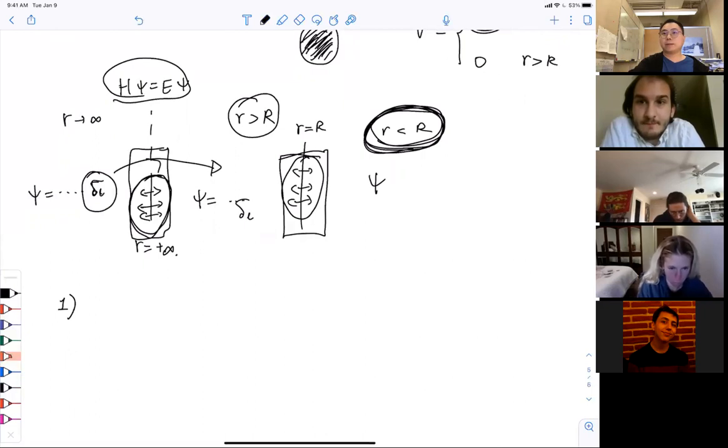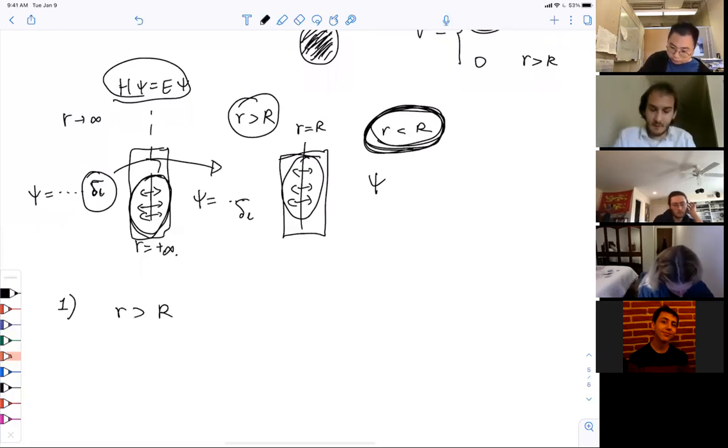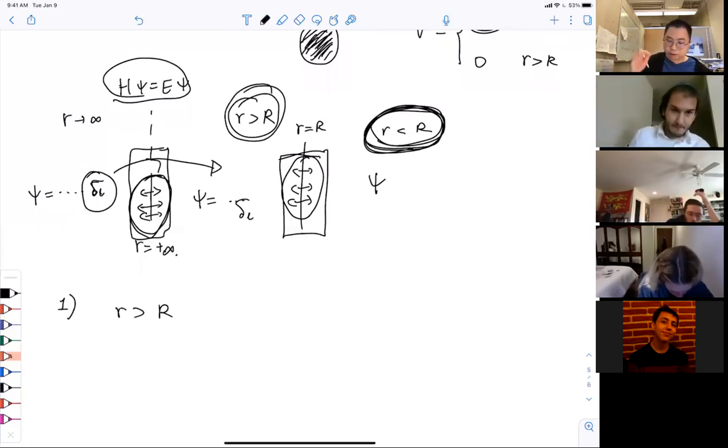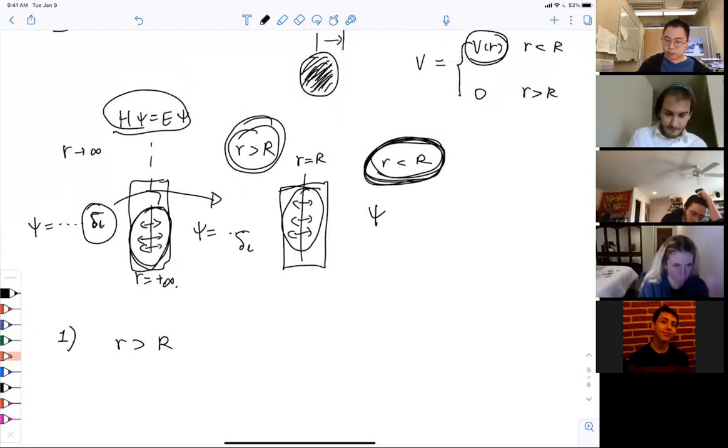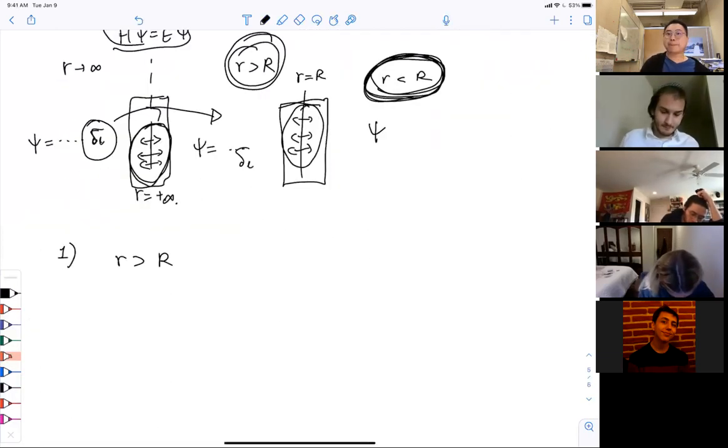Okay, so now let's look at the regime r larger than capital R, outside this scattering potential.